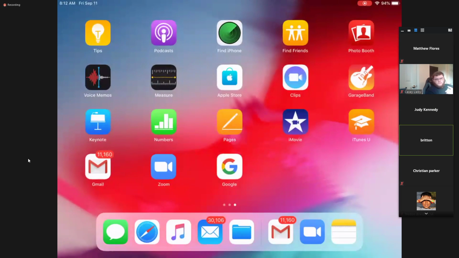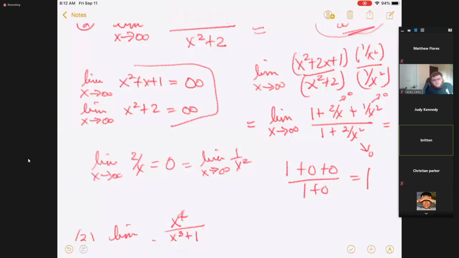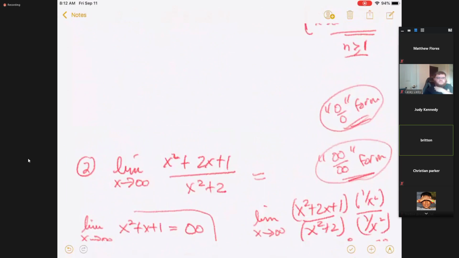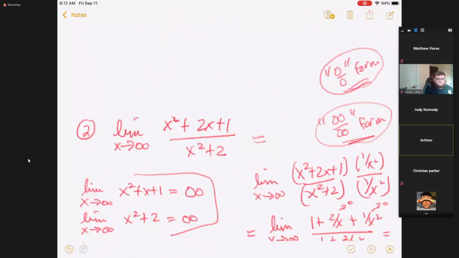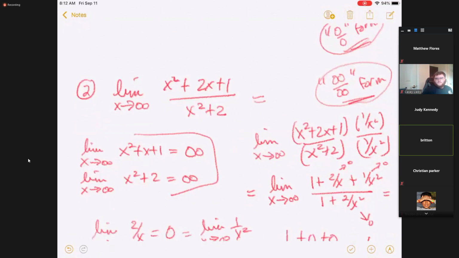I meant you give it a fraction form with 1 over the highest shared exponent, correct? Well, yeah. So if the degree of the top is equal to the degree of the bottom, you're going to multiply by 1 over x to that degree. Okay, that's what I was making sure I understood.